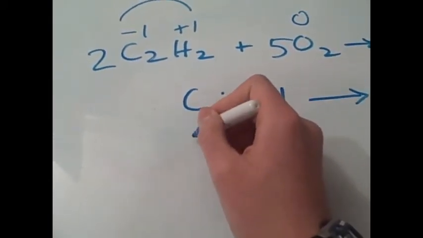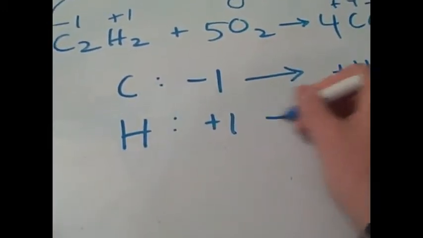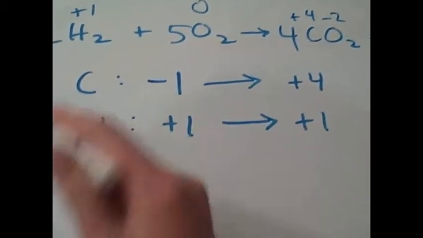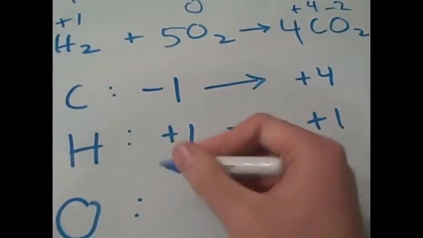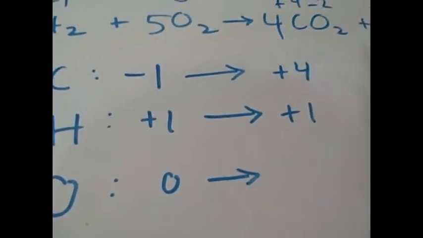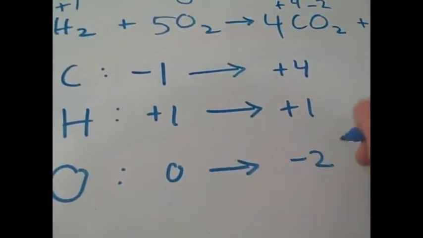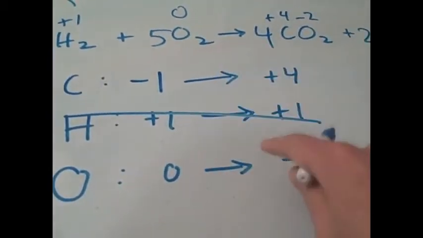Hydrogen went from +1 and stayed +1, so that stays the same. Then oxygen went from 0 to -2. We crossed out hydrogen because nothing happened.